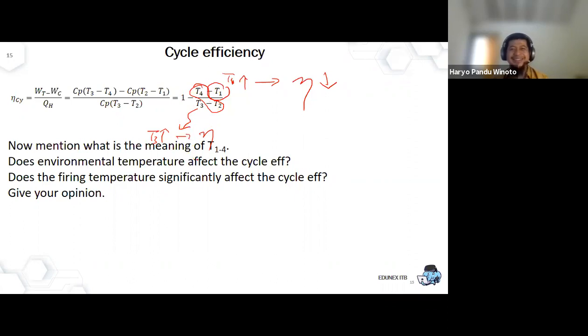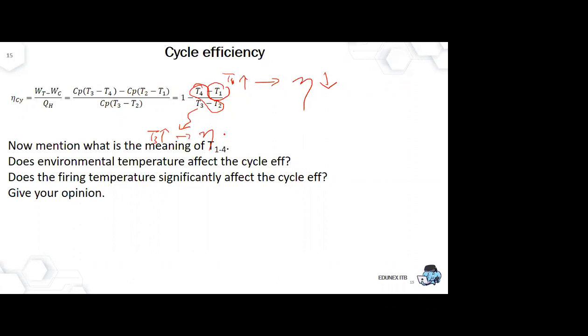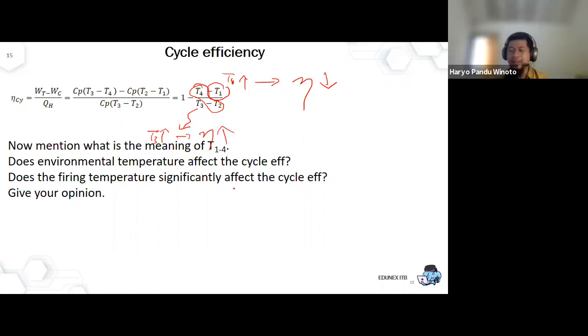So we can only control these two things, T1 and T3. We don't control T4 and T2 because they are a function of our rotating equipment.